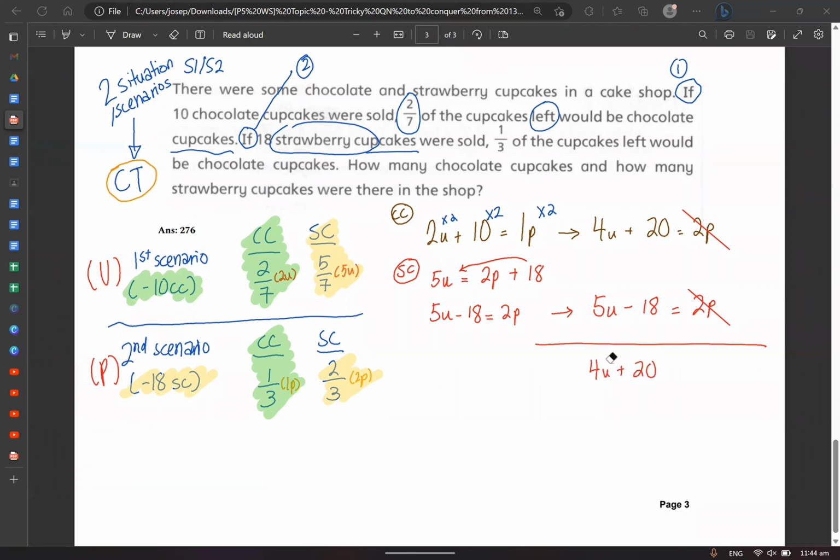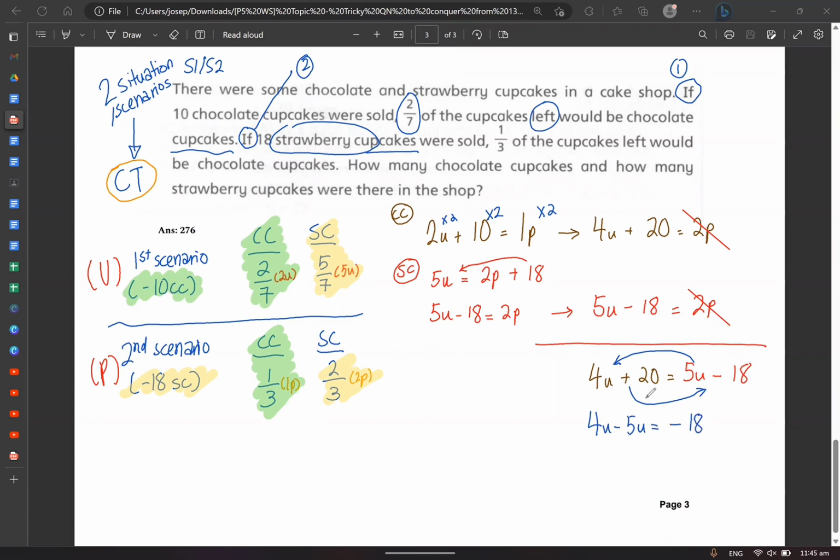what I can say now is 4 units plus 20 is equals to 5 units minus 18. Then you do same family sit together. What do I mean? You want to bring the 5 units over because units are always on the left hand side, and bring 20 over. So 4 units minus 5 units is equals to minus 18.